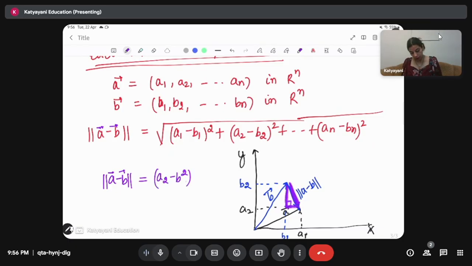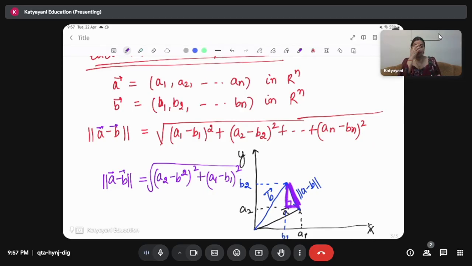I have to square it plus the base is A1 minus B1 and then take the under root of it. That is the length of the vector A minus B, which is this vector, right? So I hope you're able to visualize that whenever we have to find out the length of the difference of two vectors, this is the formula that we'll be using.